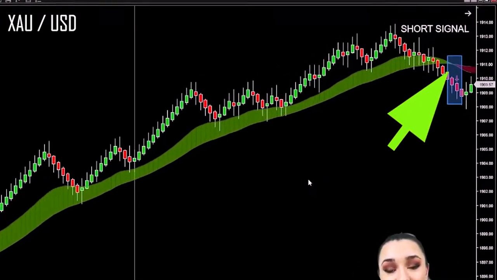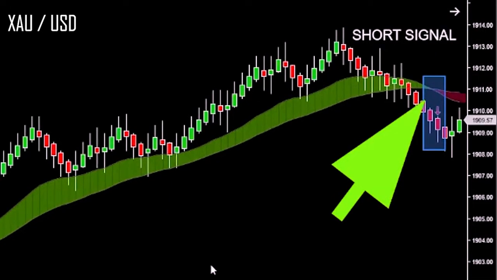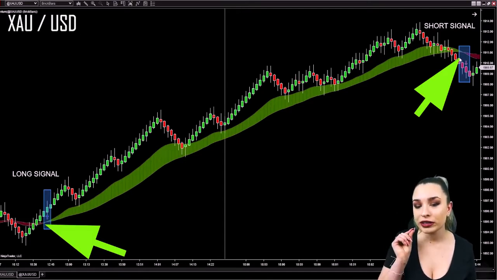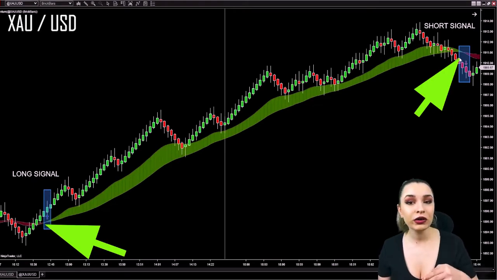Like I mentioned, the gold forex trading market has gone up until just around 6 o'clock in the evening, where the short signal started to kick in. This is the little red arrow that you see on screen right here. I also added some green arrows just to point out the exact points where the market trend has changed from growing into declining, or vice versa.